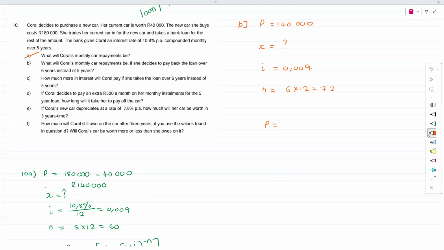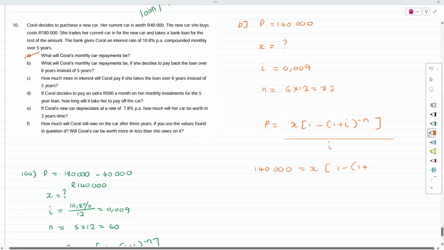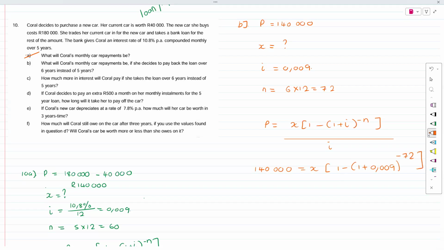It's P equals X into 1 minus 1 plus I to the power of minus N all over I. I'm going to substitute and then I'm going to give you the answer and leave it as is because it's done in the exact same way that the other question was. 1 minus 1 plus 0.009 to the minus 72, and this is all over 0.009.